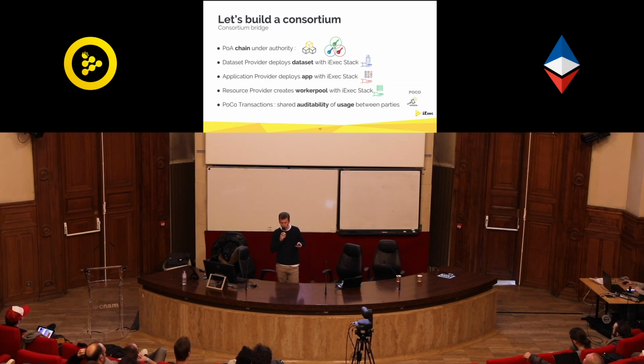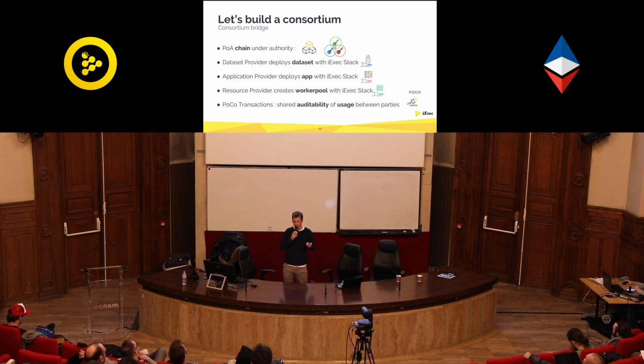So this is the first case. They can automate their business, and each provider will deploy the dataset, application, or worker pool. It's like their reference. They deploy their reference for their resources. And they gain the shared auditability of the usage between them.